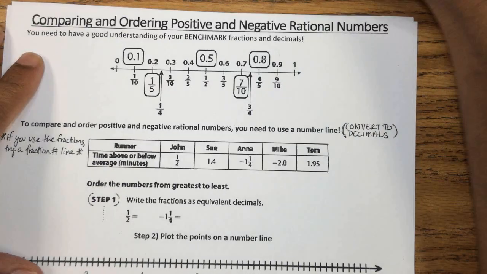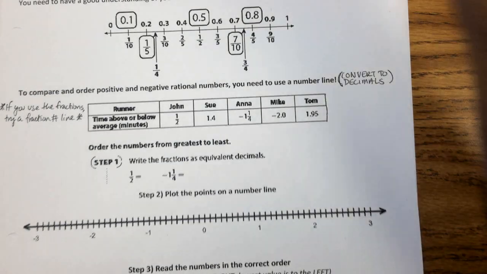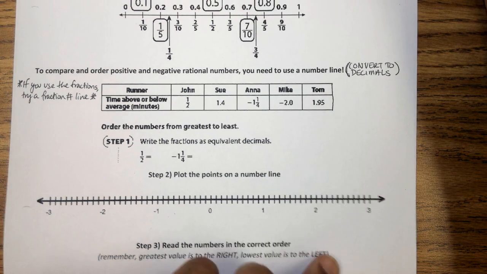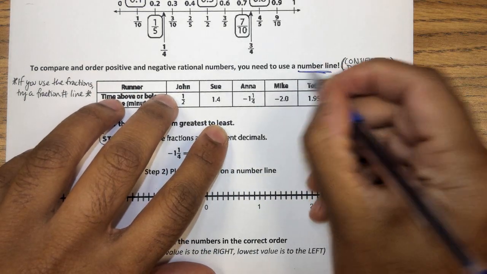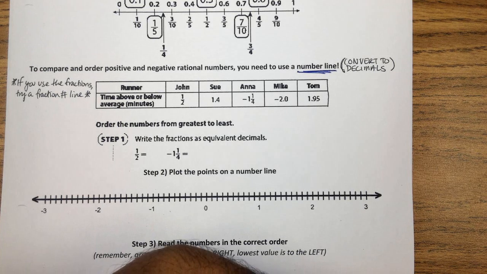To compare and order positive and negative rational numbers, you need to use a number line. Number lines are the number one way to order and compare positive and negative rational numbers. When you start getting both, it gets a little confusing.